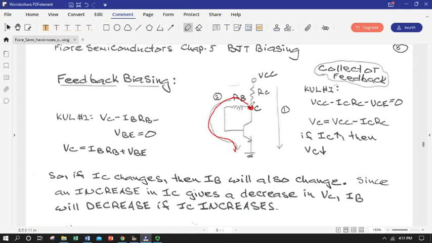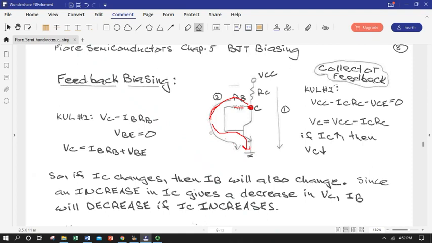So if I start at the voltage at point C, which is the collector voltage, I'm going to drop base current times the base resistor, voltage drop over that resistor by Ohm's law, and then come around the circuit, I'm going to drop voltage equal to the base emitter junction, the forward biasing, and to ground.